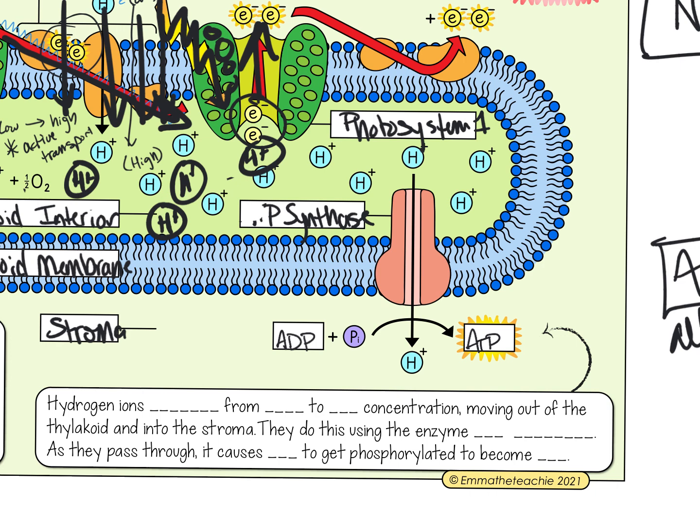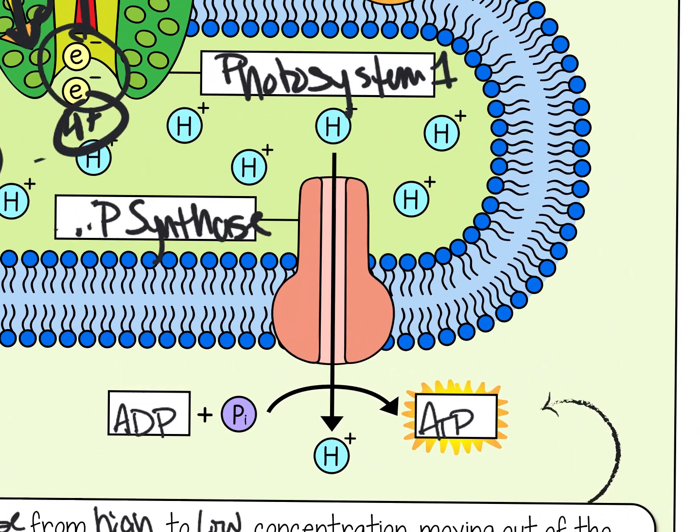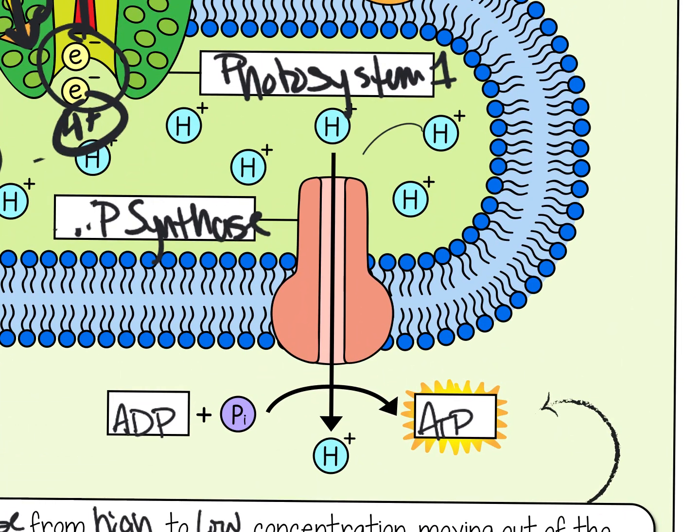So hydrogen ions diffuse from, should say from high to low concentration. So take a look here. Here's our thylakoid space. These hydrogens are going to be naturally diffusing down from high concentration to that of low concentration. And when it does that, it gives the energy needed to make that ATP.